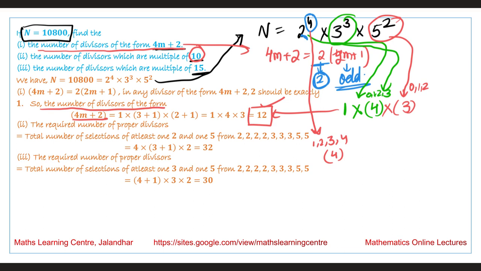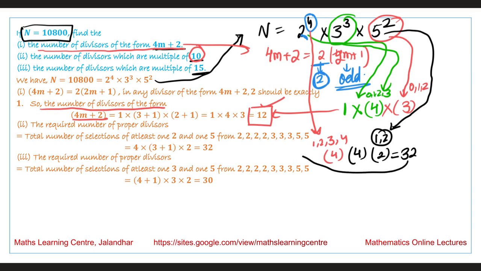Power of 3 we can choose out of 4 options, and for the power of 5, at least one 5 should be there, so we can choose it from 1 and 2. So we have 2 options. The answer we obtain in this case is 32. So the number of divisors which are multiple of 10 is 32.